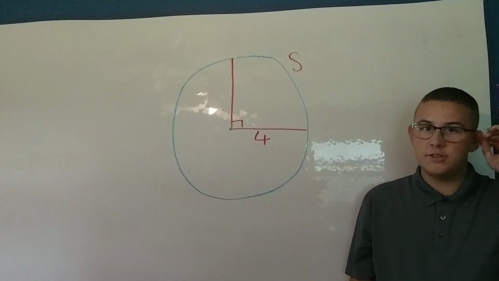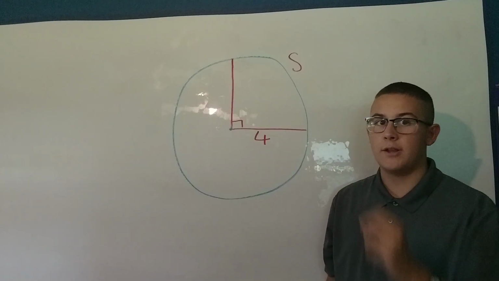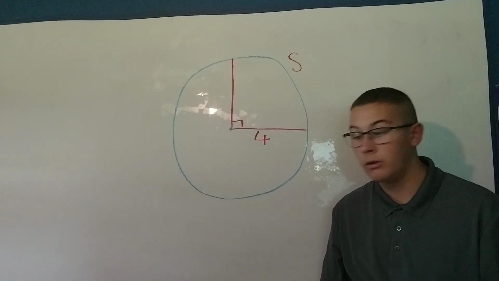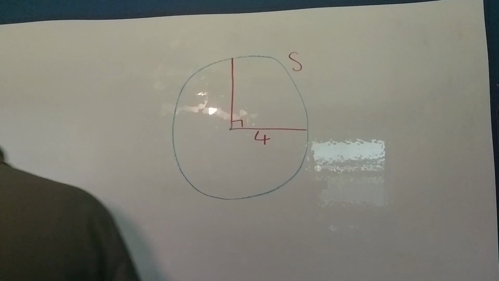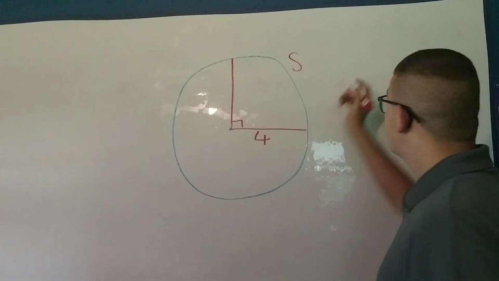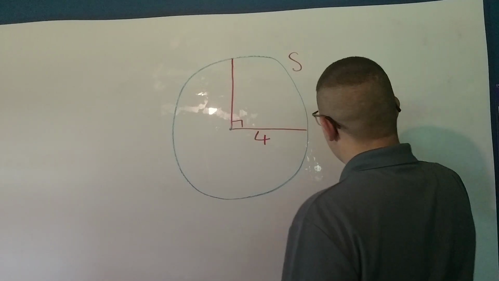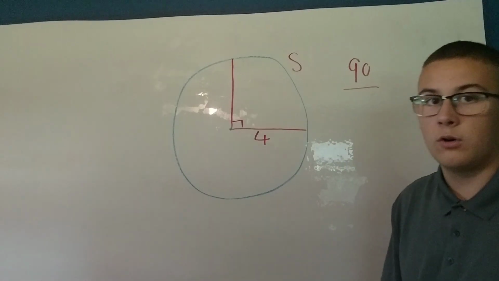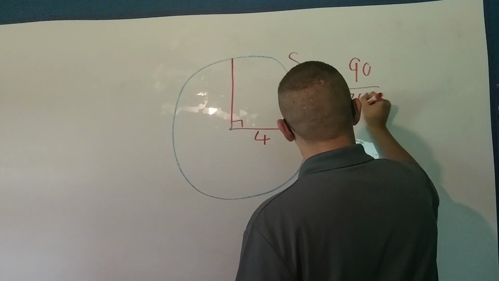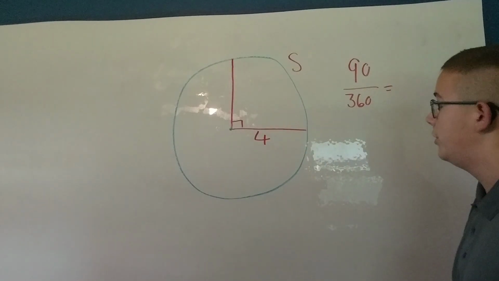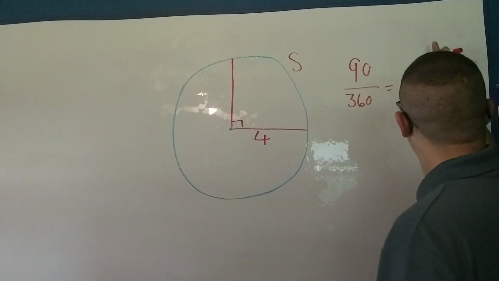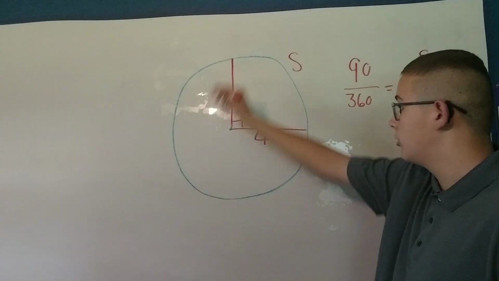If we're trying to find that, we want to take the ratio between the entire circumference of the circle and just this section of the circle. When you're solving for percents, you do part over whole equals percent over 100. That's what we're doing here. We're doing part over whole equals part over whole. So first we take this angle as our first part: 90 over the total 360, equals this arc length, S, over the entire circumference.